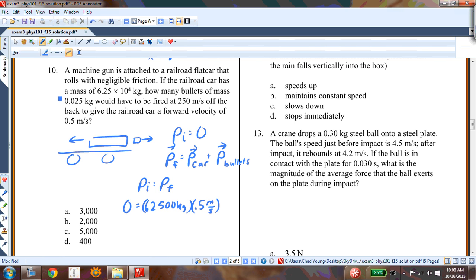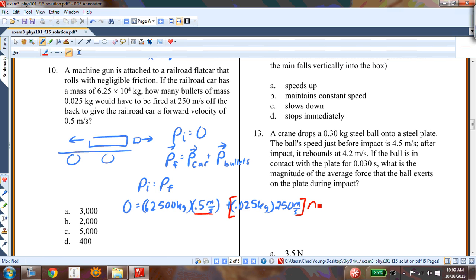And then I have the mass of the bullets, 0.025 kilograms, times the speed of the bullets, which is 250 meters per second. Now, I also need to put in a term here for the number of bullets. Each bullet that you fire will give you a certain velocity. And I'm going to fire a whole bunch of bullets that will take me up to this velocity. So I'm going to just put an N here.